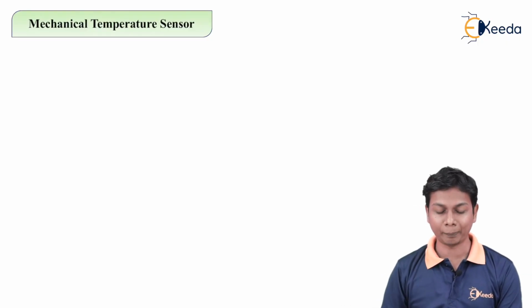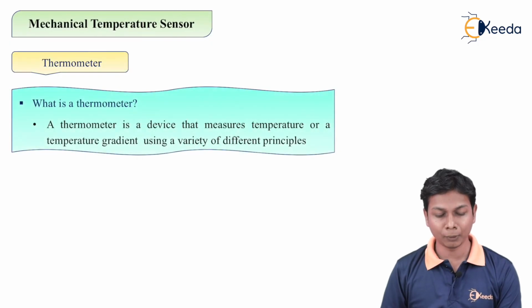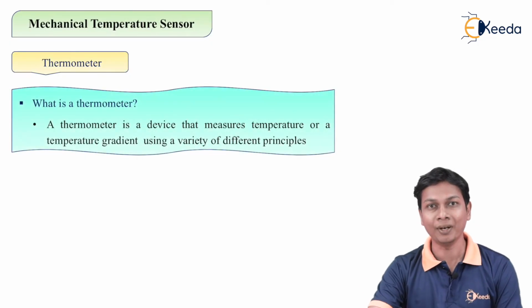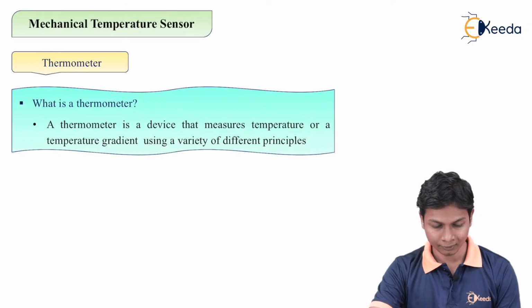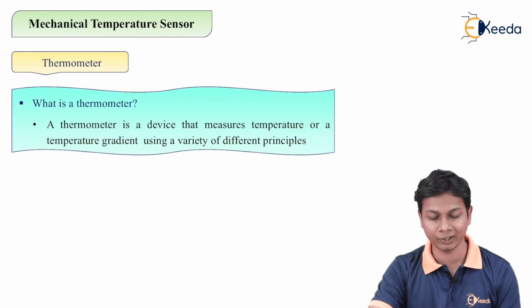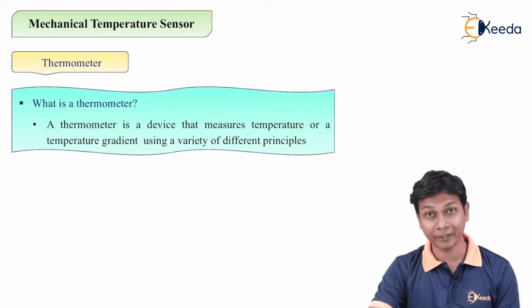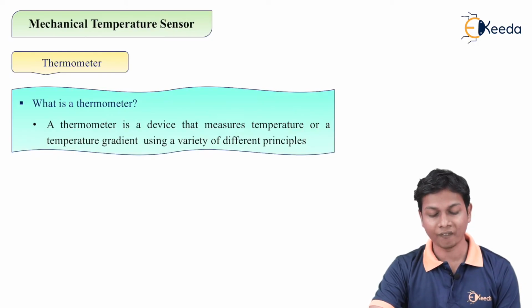In mechanical temperature sensors, the thermometer is the most common sensor. So what is it? A thermometer is a device that measures temperature or a temperature gradient, using a variety of different principles.